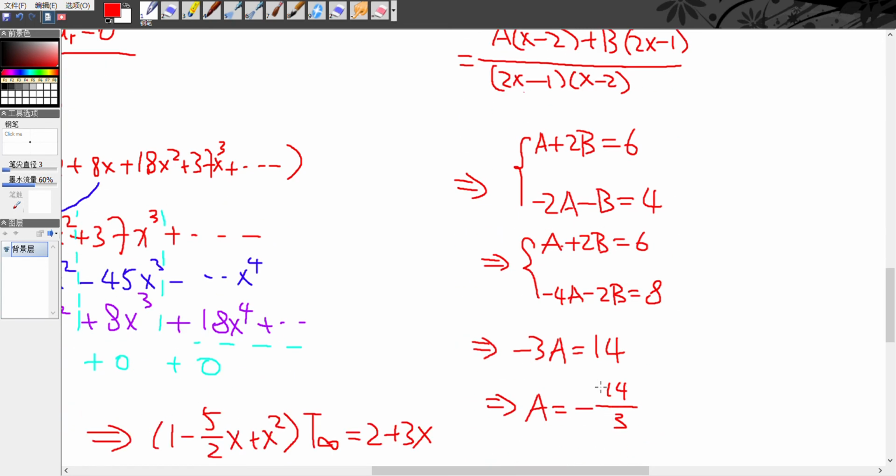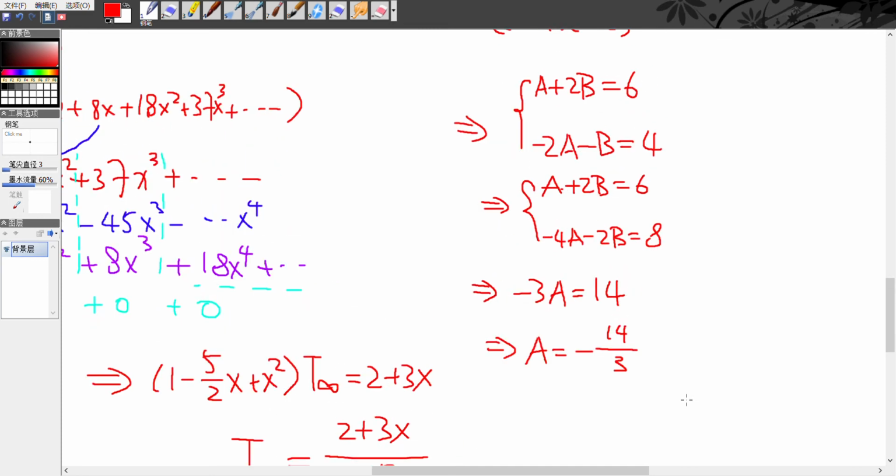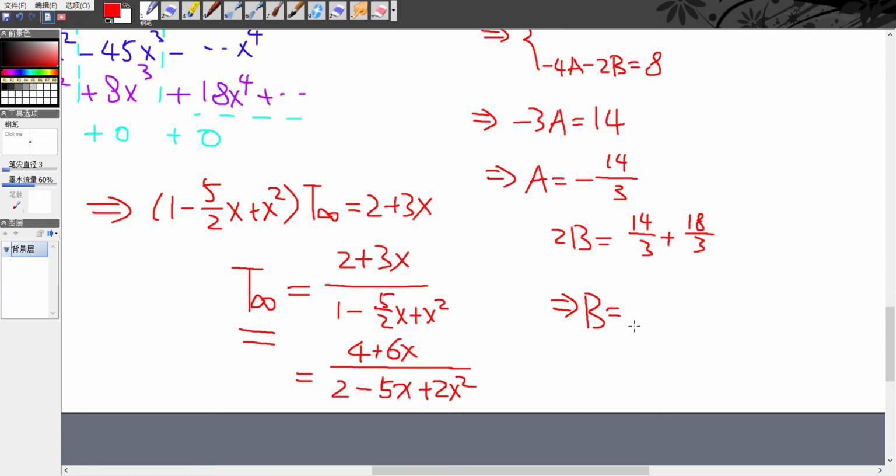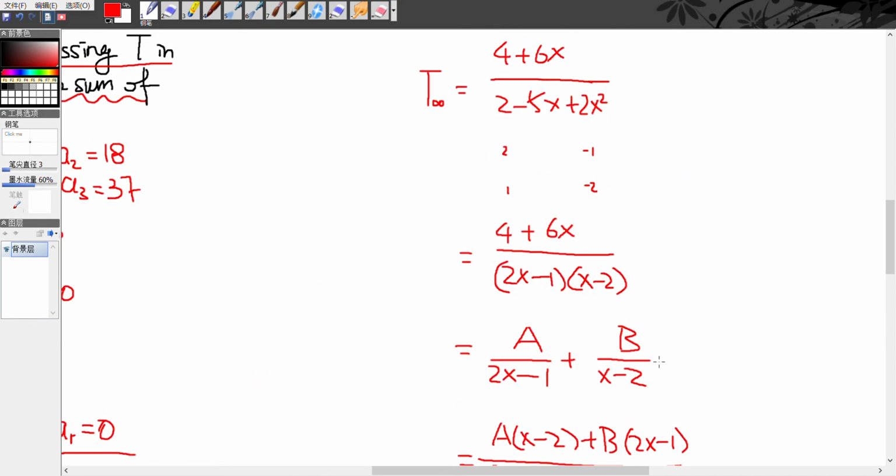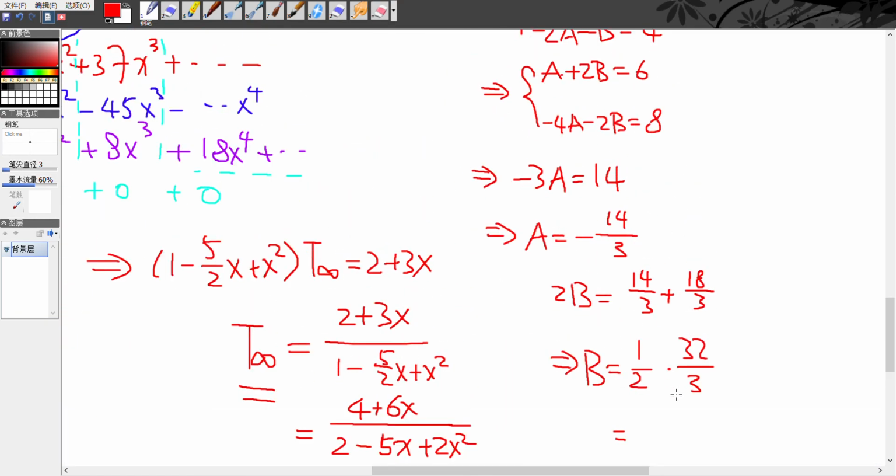Okay, so by substituting A is equal to negative 14 over 3, we have 2B equals 14 over 3 plus 6, which is equal to 32 over 3. So our B is equal to 16 over 3.